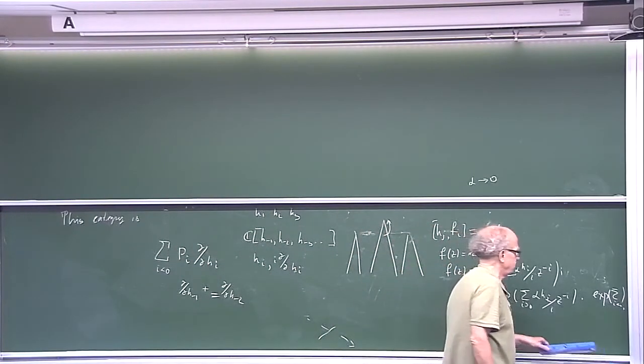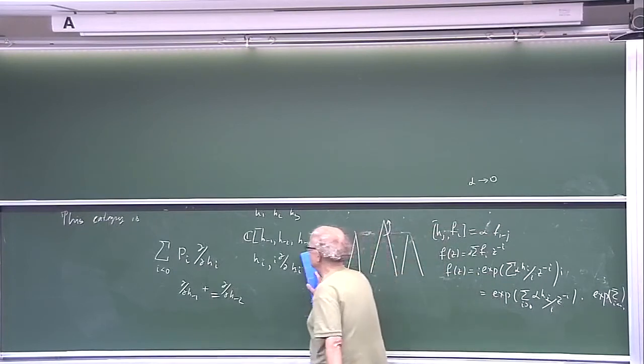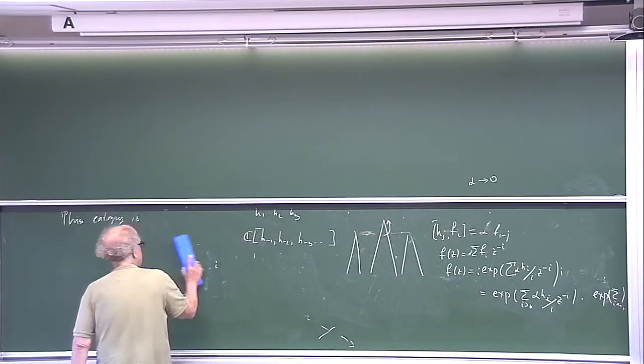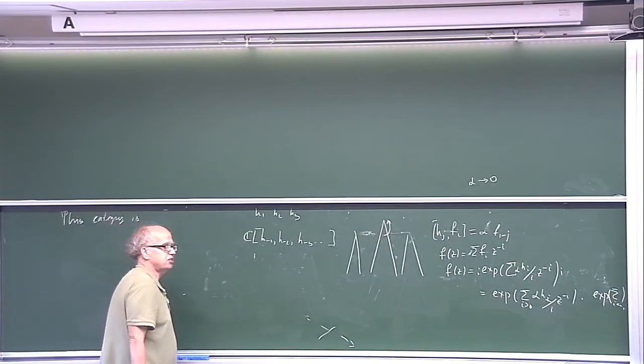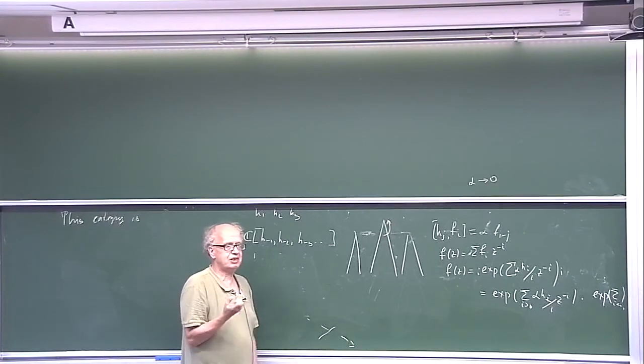And first of all, the mysterious thing about the third relation in such a limit is some precise statement.